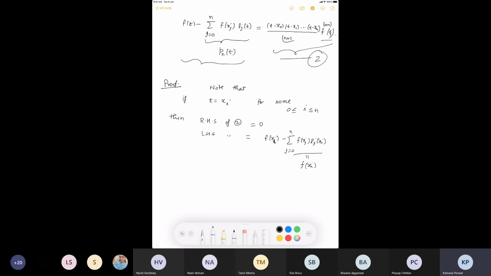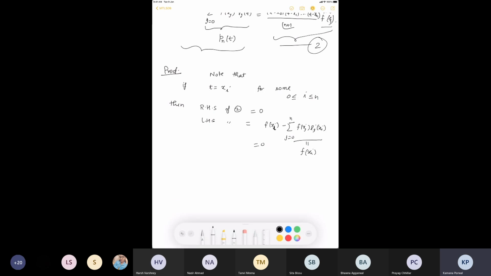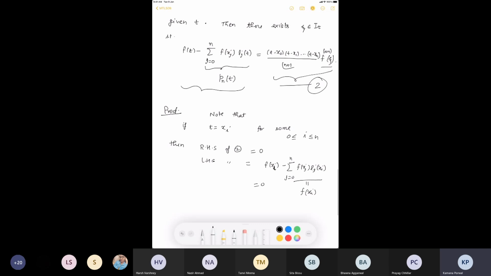In this summation you get only one term, which is f of xi. So f of xi minus f of xi gives 0. So if t is one of the nodes, then this relation trivially holds.